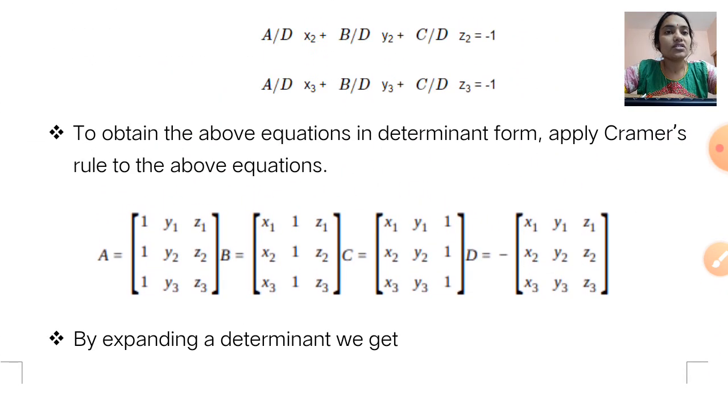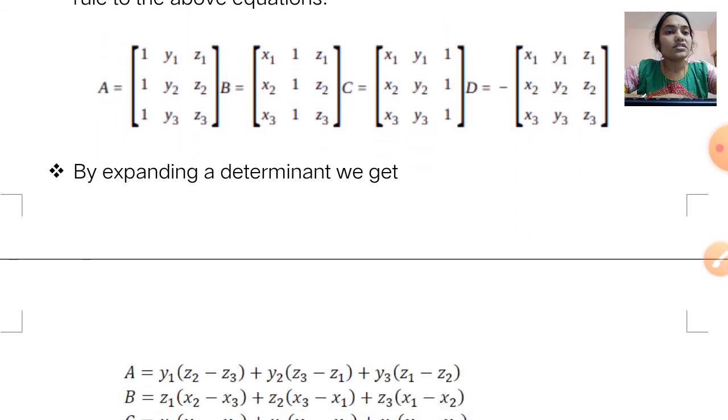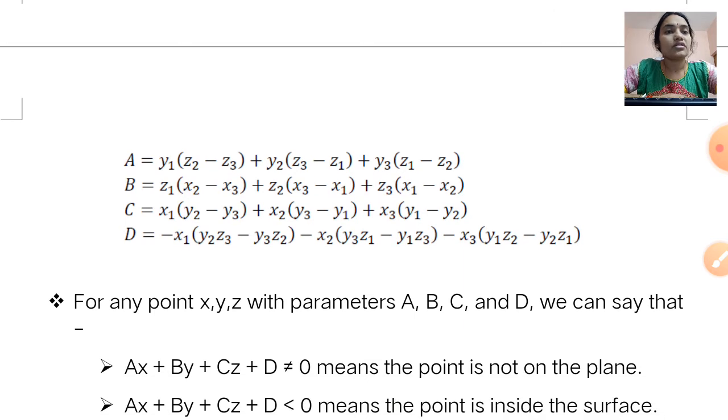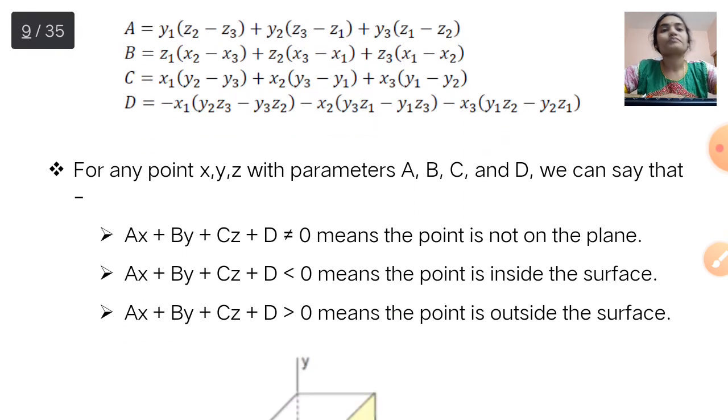These equations and all these formulas, all of you remember them. This is very important. After that, for any point x, y, z with parameter constants a, b, c and d, we can say that when ax plus by plus cz plus d is not equal to 0, the point is not on the plane surface.